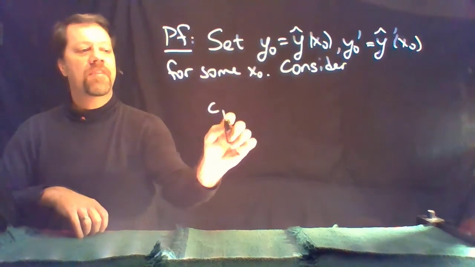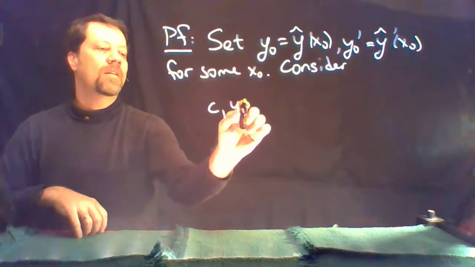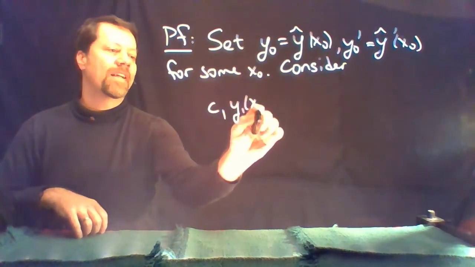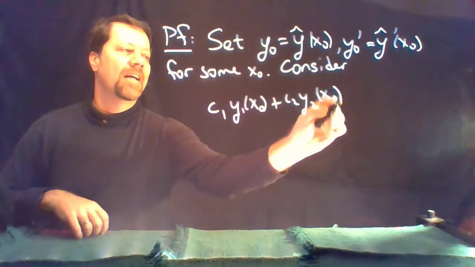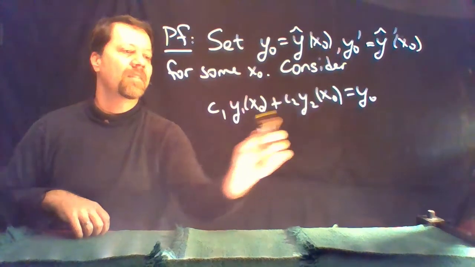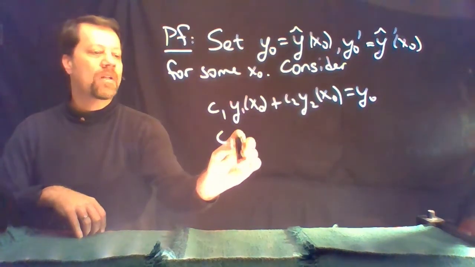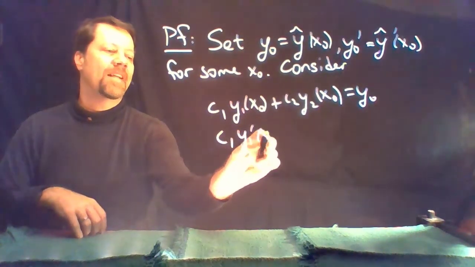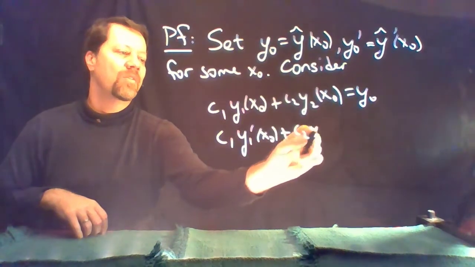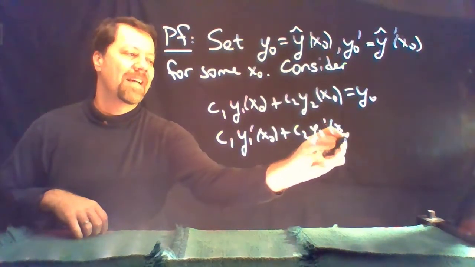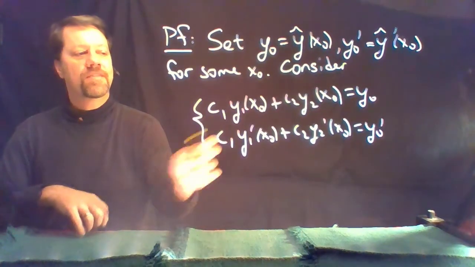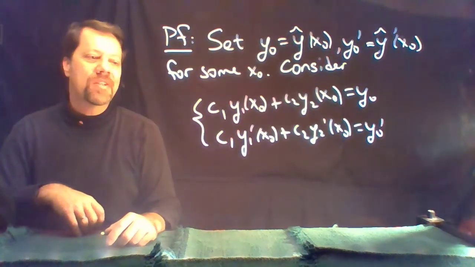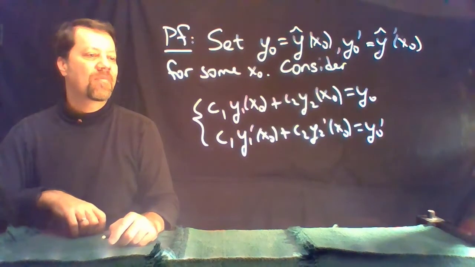Consider the system of equations C1 y1 of x naught plus C2 y2 of x naught equals y naught. C1 y1 prime at x naught plus C2 y2 prime at x naught equals y naught prime. This gives us a system of two equations in two unknowns.